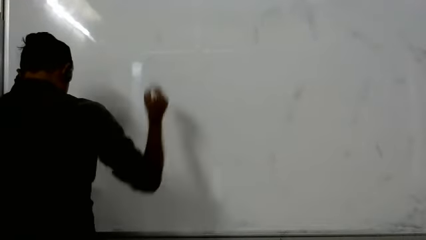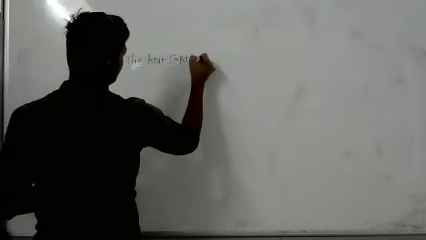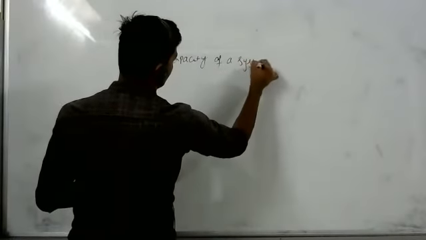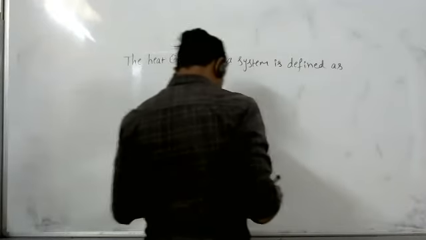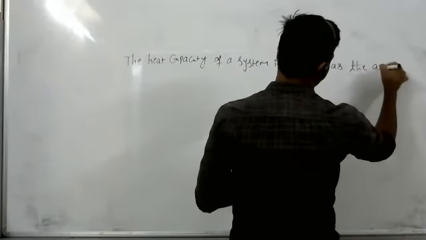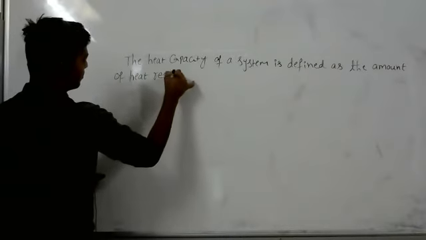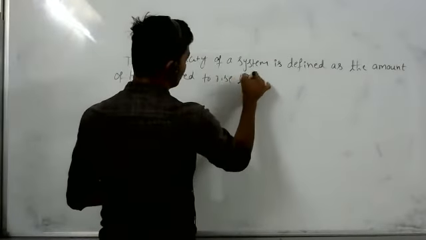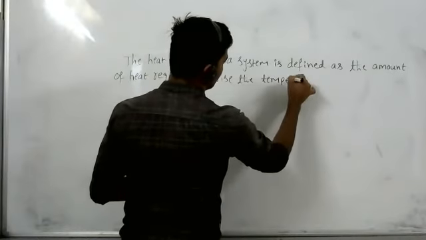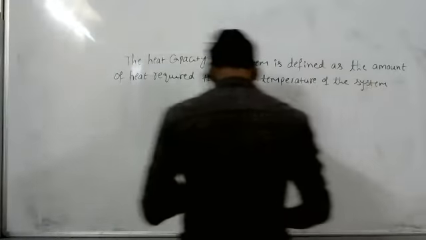Right, definition. The heat capacity of a system is defined as the amount of heat required to raise the temperature of the system through 1 degree centigrade.